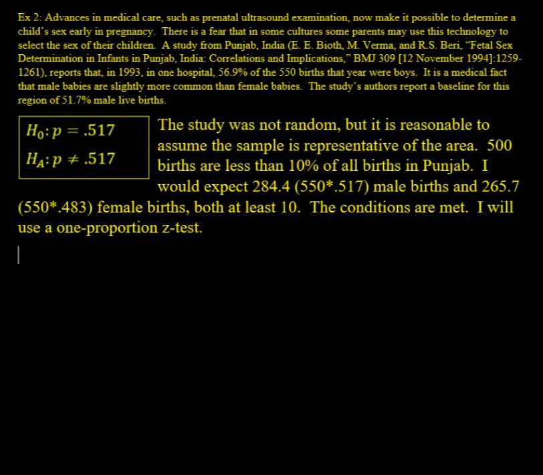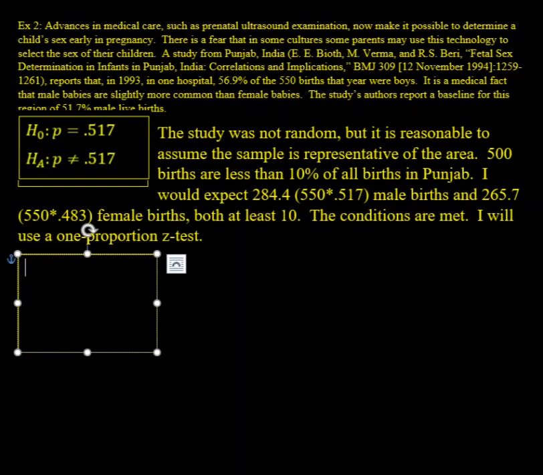Okay, so now we're going to start calculating. First, our sample size is 550. The probability of getting a male from the population would be 0.517, assuming that it hasn't changed. And so our p hat, our sample value, is 0.569.